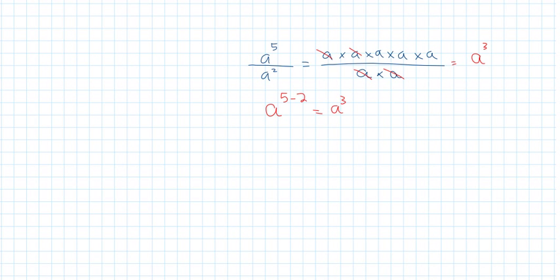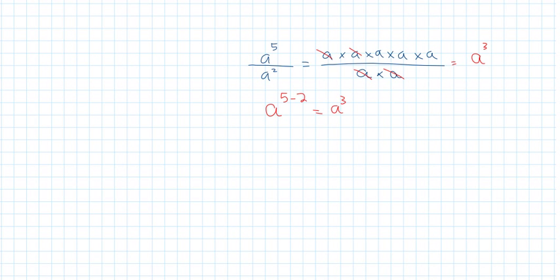I'm not going to ask you to show me why this formula works, but I'm going to ask you to show me what the answer is. If I have a to the power of 5 over a to the power of 2, what is your answer? It's a to the power of 3.